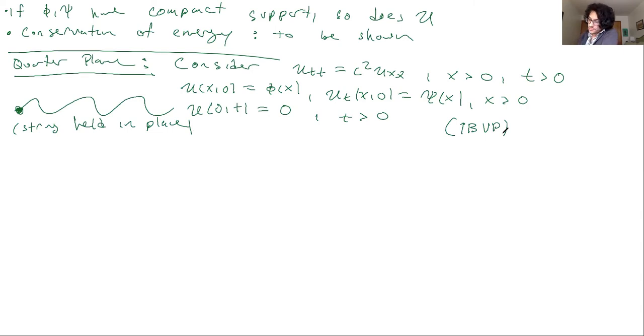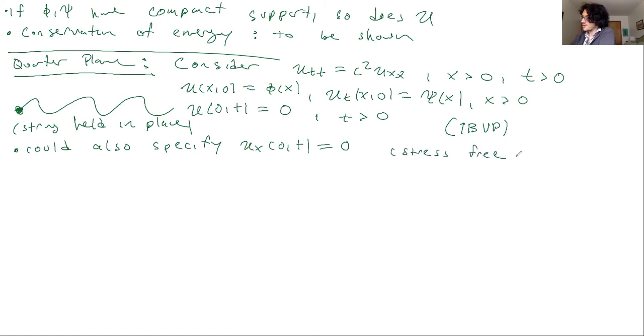First of all, we have a boundary condition. We could have also specified that the gradient of u is 0. And this would be like a case where we have a stress-free boundary.